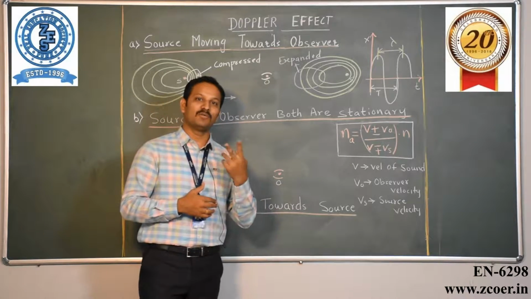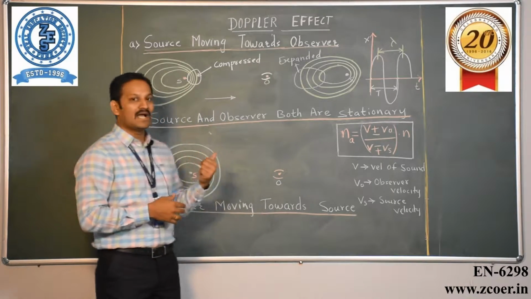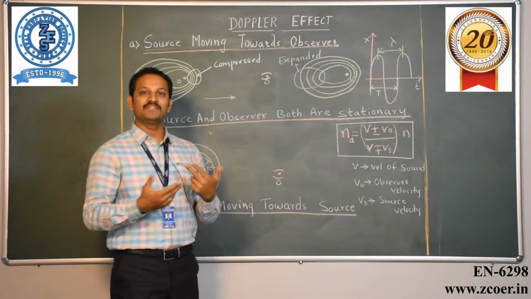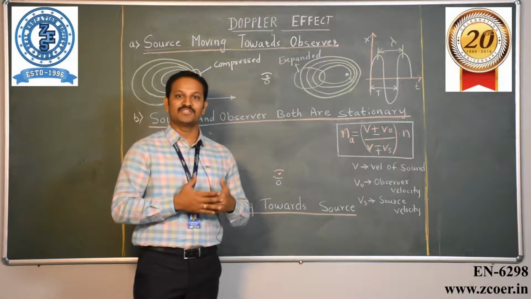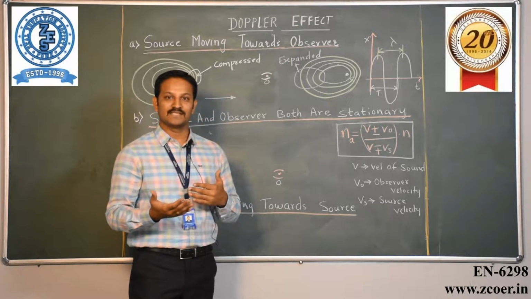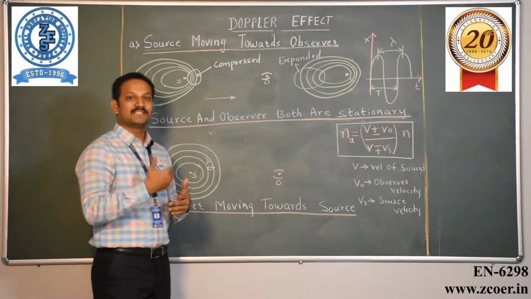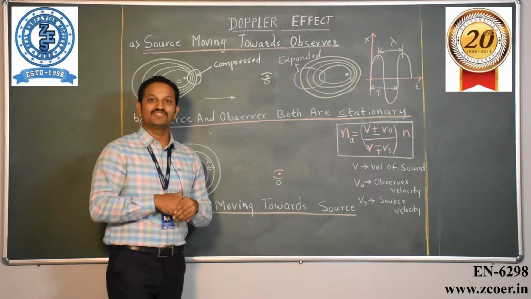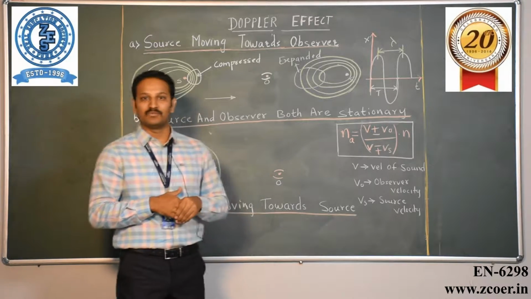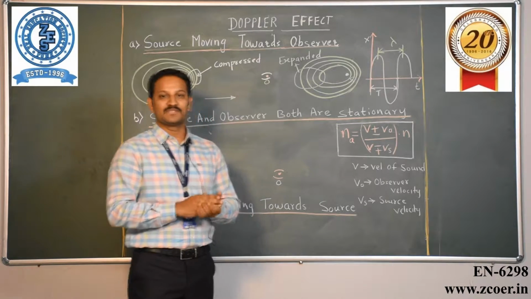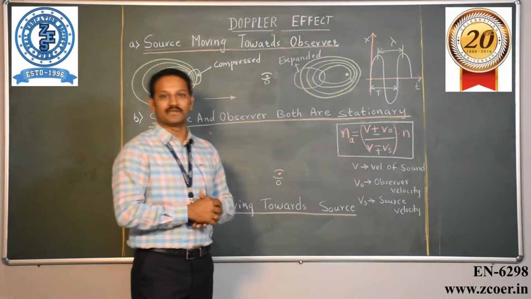When we have two objects, that is, one is source, another is observer, and if they are moving with respect to each other, there will be change in frequency as well as change in the wavelength. So the principle states that the apparent change in the frequency of sound due to relative motion between source and observer is nothing but a Doppler effect.